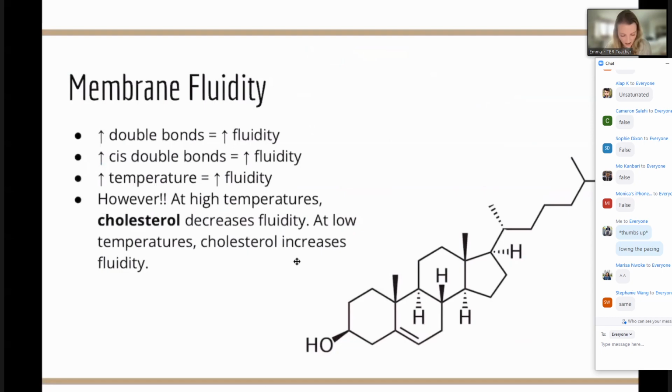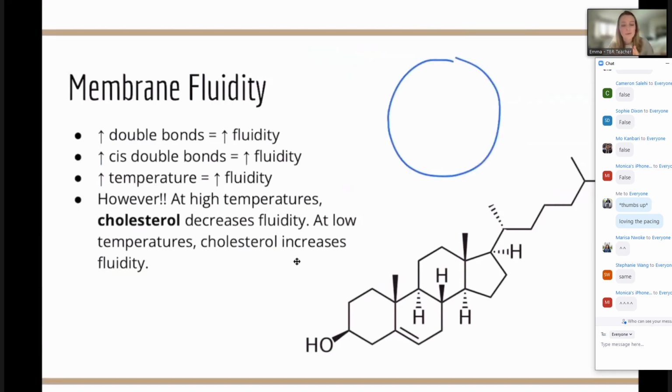On to membrane fluidity. We talked about this idea of a fluid mosaic model. We know that most of our cells are going to be this circular item, so we already need a little bit of flexibility going on. We're not looking for something that's rigid and tough. So in order to have this flexibility, in regards to the plasma membrane we call it fluidity. That's an important term.